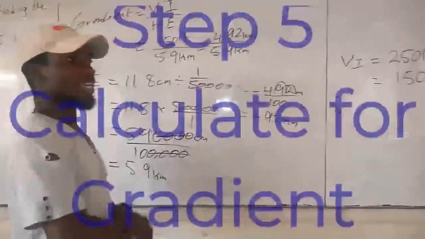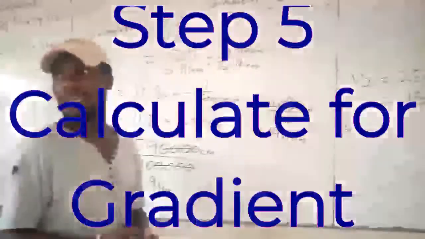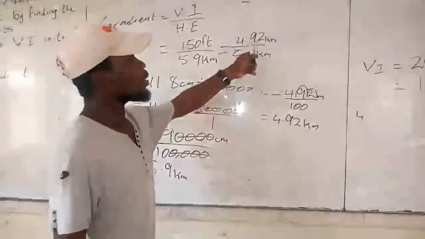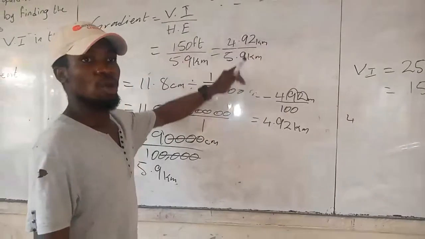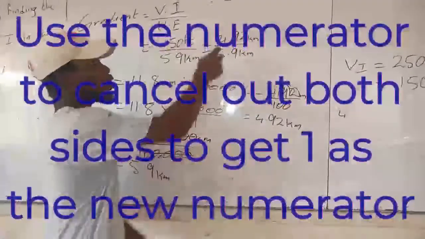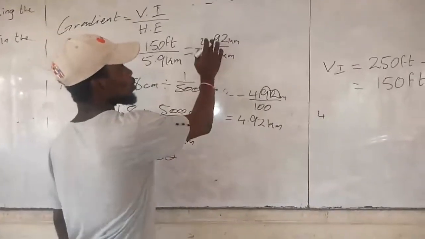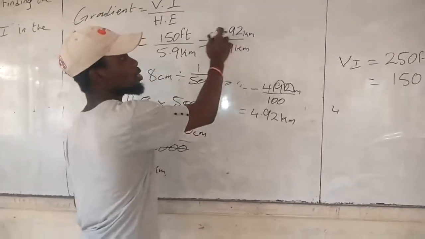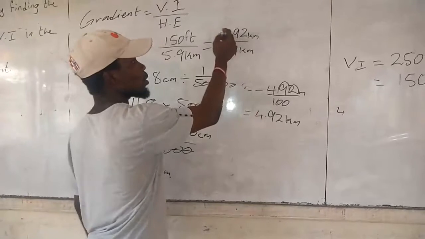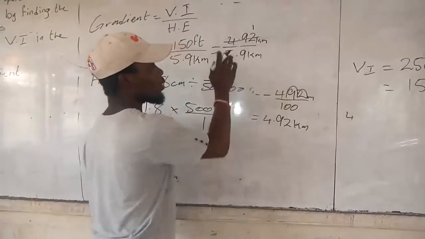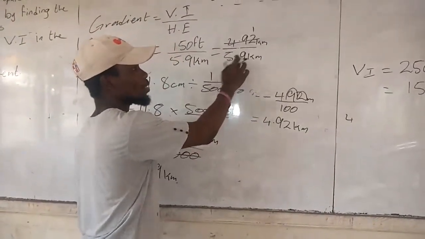The next thing to do is to calculate the gradient. And with the gradient, the numerator always becomes 1. So we are going to divide both sides by the numerator. 4.92 goes into 4.92 once. Then 4.92 goes into 5.9.